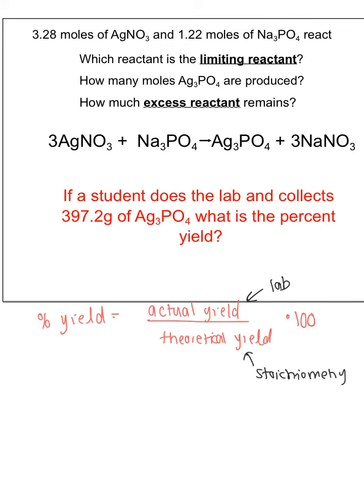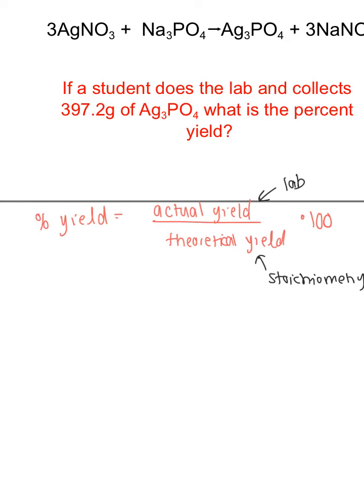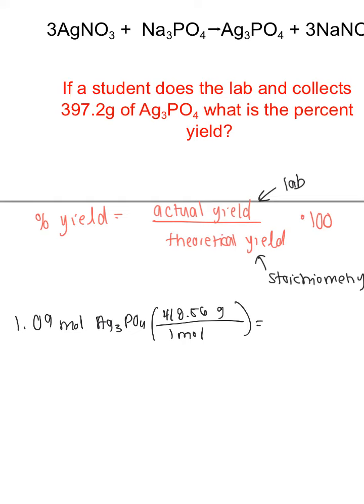So in this case, from the last slide, we had 1.09 moles of Ag3PO4 from the BCA table. So I'm going to do 1 mole, and then the molar mass is 418.56 grams. So Ag3PO4 has a molar mass of 418.56. I'm going to multiply those, and I get 456.25 grams of Ag3PO4.